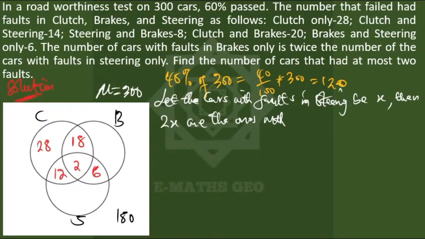Remember to put only, this should be only. Then 2X are the ones with faults in brakes only. So they said it is 2 times the number of cars with steering only. So now the ones with steering only is X, brakes only is 2X. So let's get X first before any other thing.